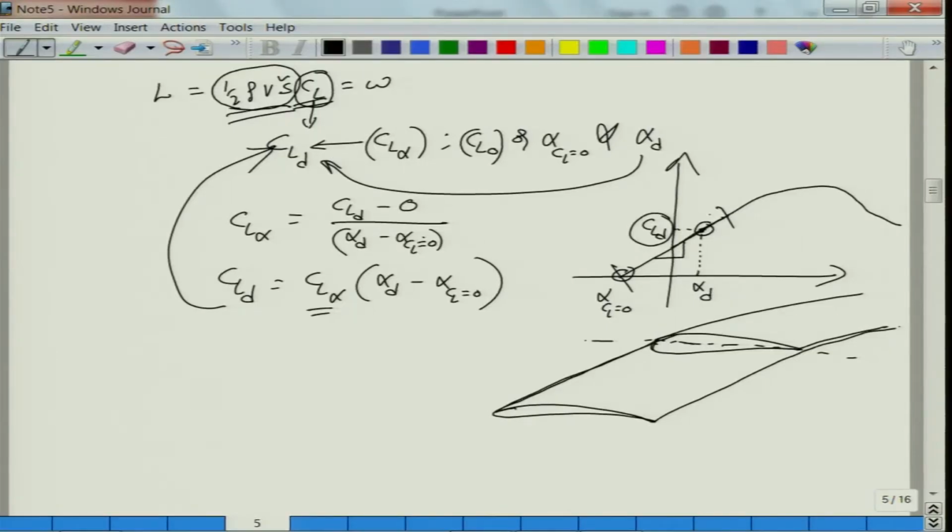Alpha design for wing will be different as the aerofoil is different, but for the time being we assume both are more or less the same. Otherwise, alpha design is possible at a particular 3-dimensional angle of attack. From there you find out alpha at which CL is equals to 0, for a given alpha design.